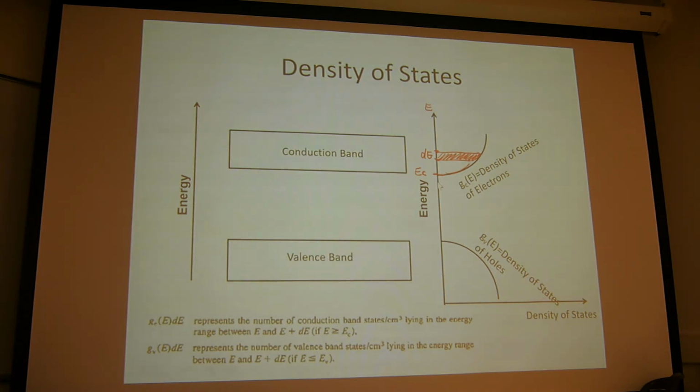And below the EC, this density of states is 0. Why is that? Because that's the band gap, right? So you don't have states for electrons. But above the band gap, starting from EC, the higher the energy, the more available states for electrons.